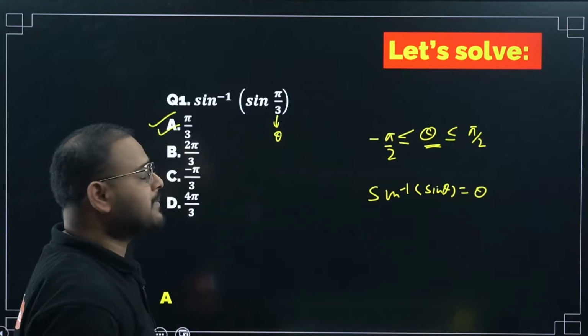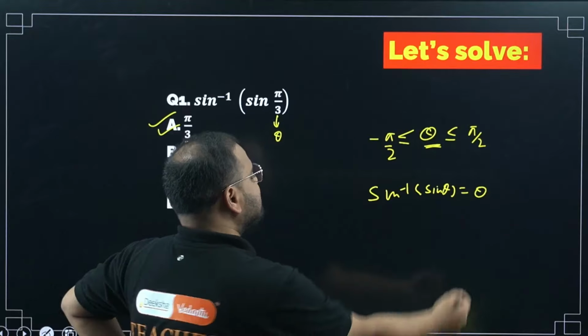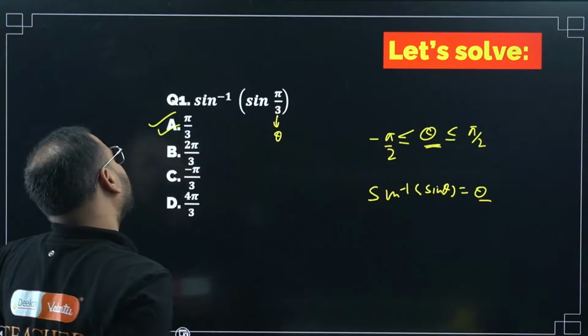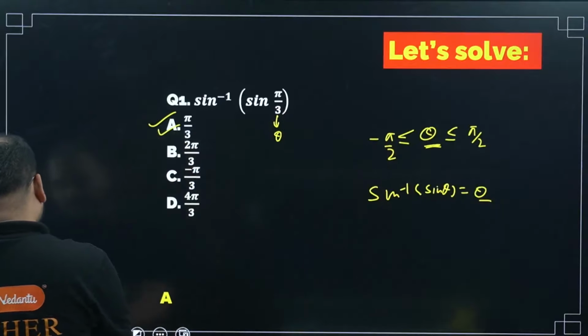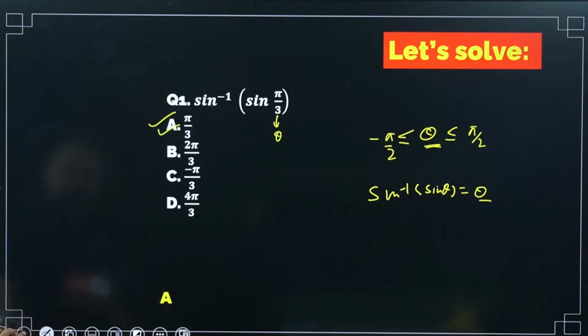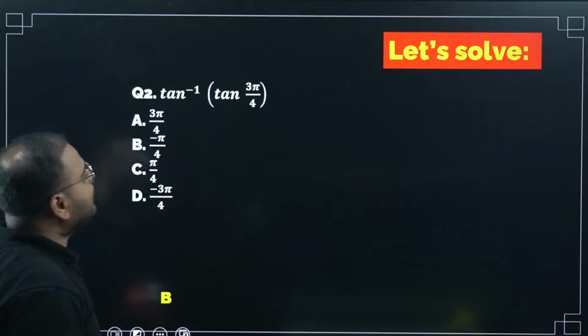So if theta belongs to minus pi by 2 to pi by 2, I can write this directly as theta, which is nothing but pi by 3. Answer is A. Let's move on. I hope this is clear. Simplest question ever.